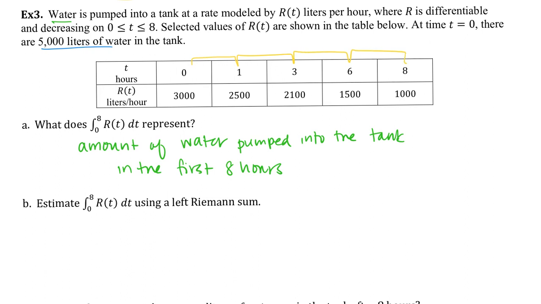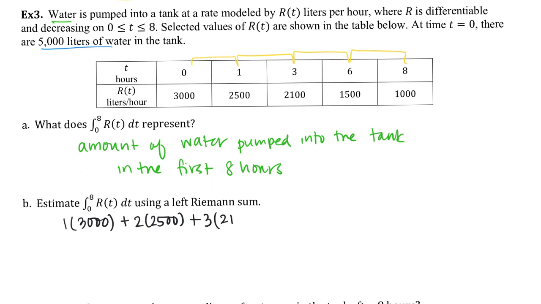Okay, remember Riemann sum, the width is 1. Since it's on the left, I'm going to take the height on the left. So 1 times 3,000 plus from 1 to 3, the width is 2. The left height is 2,500. Okay, and then from 3 to 6, the width is 3.